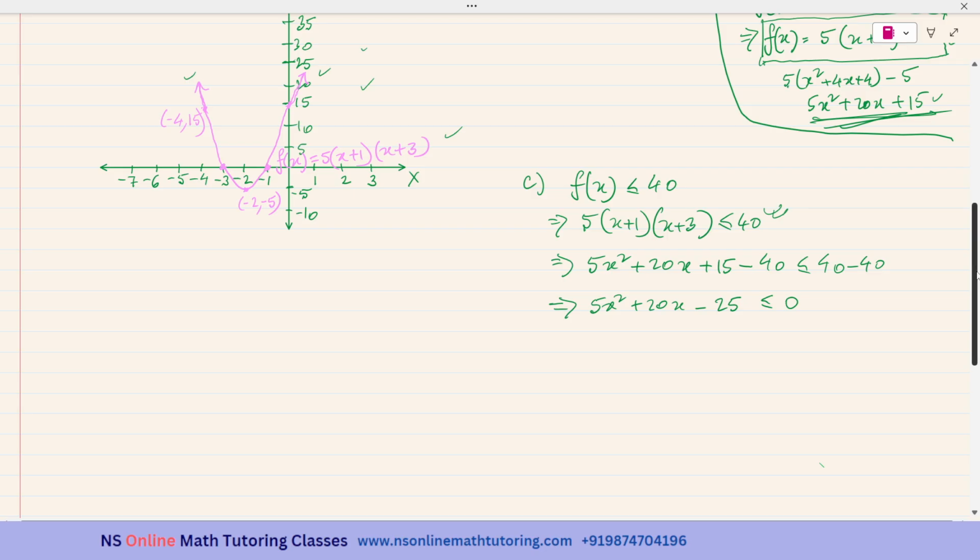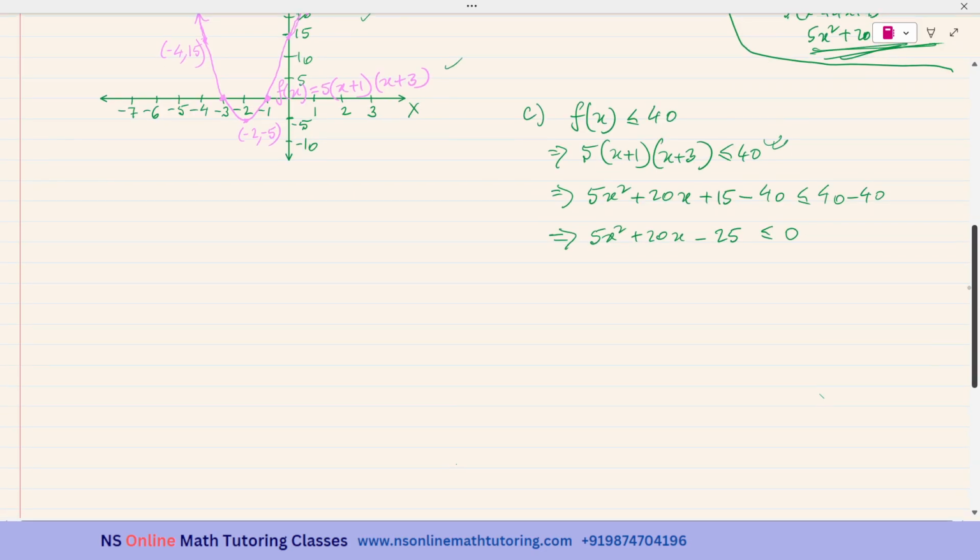And we have to solve this. Let us reduce the coefficients. Let us divide the entire inequality by 5. So this will be x squared plus 4x minus 5 is less than or equal to 0. The factors of 5 are 5 and 1. The product will be negative 5 and the sum of the two terms will be positive 4.